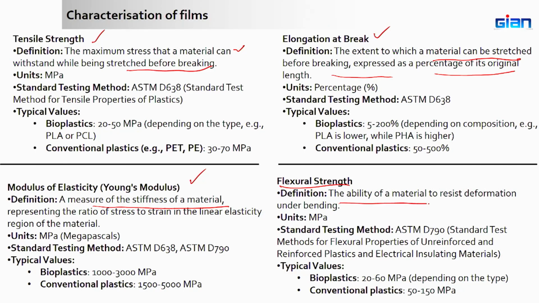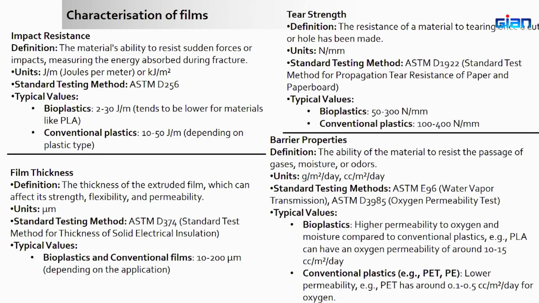Flexural strength, the ability of a material to resist deformation upon bending. If you bend the packaging material, it should not crack. So, that is all related to characterization of the film. Impact resistance, if you give an impact, how resistant it is, and all these are compared against conventional packaging material.